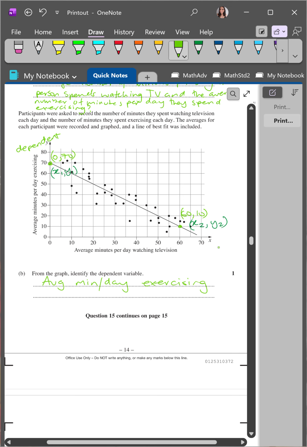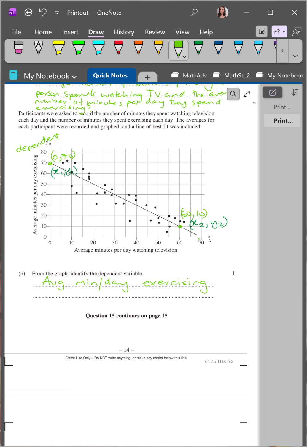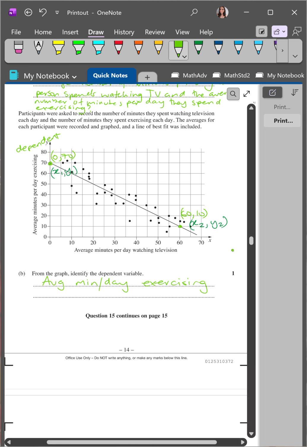And then extrapolate is if we have a number on this x-axis after 70, for example out here somewhere, and we want to try and find what the average minutes per day of exercise is for that amount of TV watching. Because it's outside of the range of data we collected, it may not always be reliable. So you can't assume that it's going to be an accurate answer.